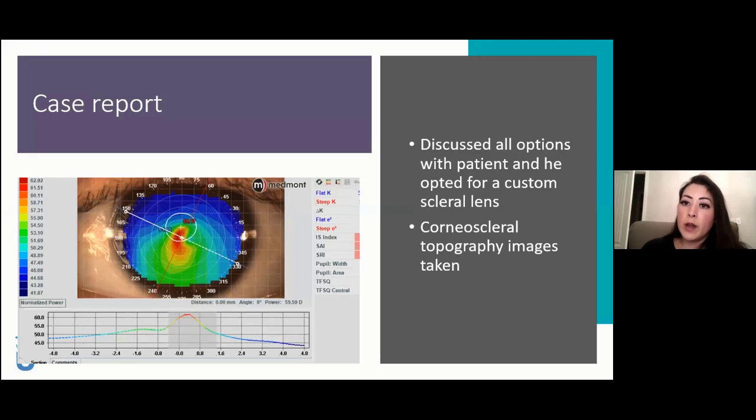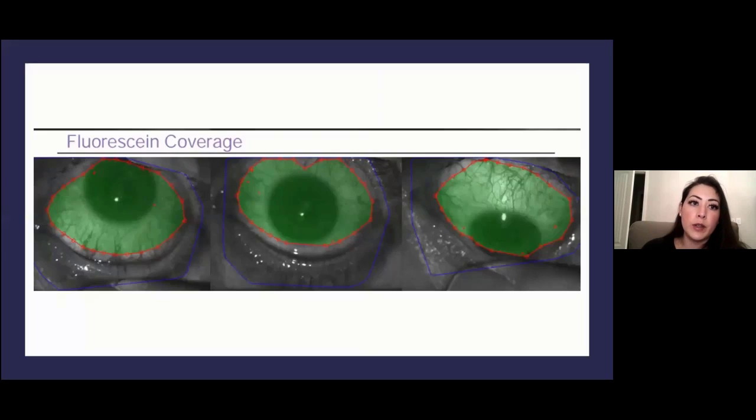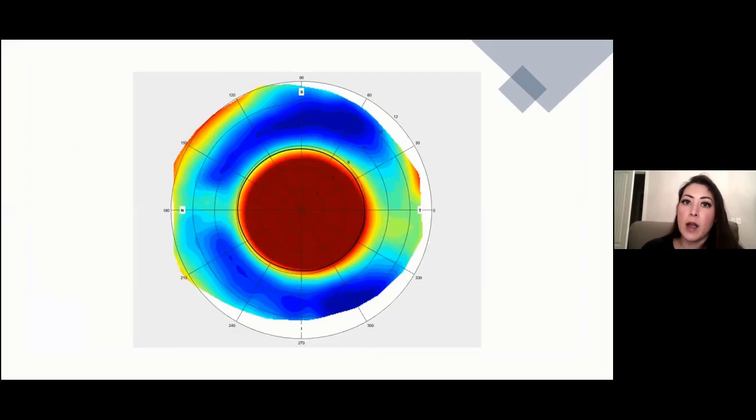So we ended up doing a corneal scleral topography on him. Basically, we're capturing the scleral shape, where he's looking up, down, and straight ahead, and we're taking all of these measurements and using that to stitch an image so we can see where the elevation is on his eyeball. So this is the elevation map.